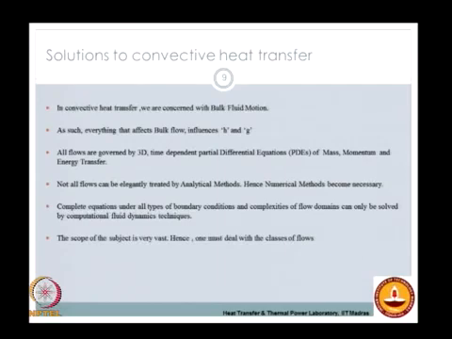And if you want to do this numerical solution, you need to look at the boundary conditions for a particular problem, and that is done by using computational fluid dynamics techniques. Therefore the scope of the subject is very vast. If you want more accurate solutions to complex configurations, we go for the complete numerical solutions of the governing equations using CFD techniques.